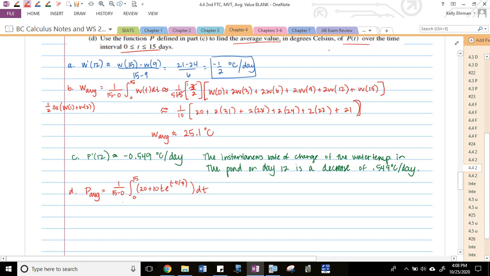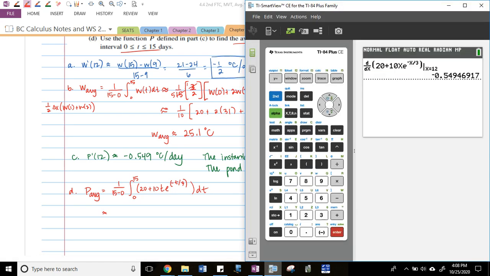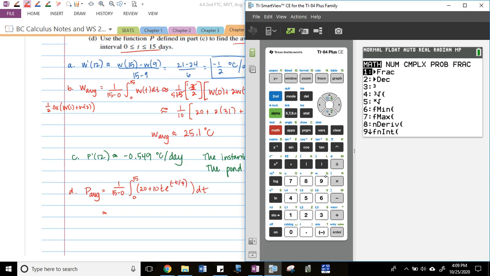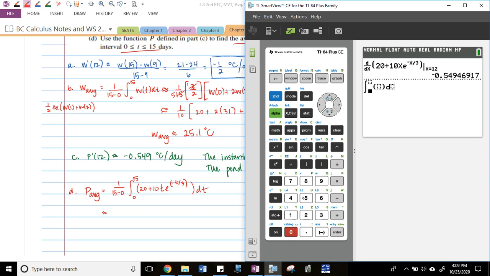So again, we're going to go over to our calculator and type this all in. So math 9 from 0 to 15. Now, I didn't put in the 1 over 15 yet, so I've got to remember to divide by 15 at the end.